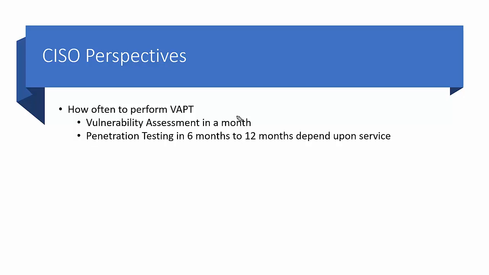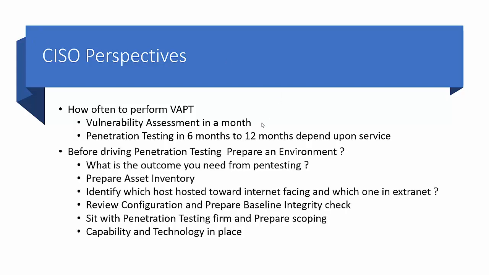If you think that is not needed, because it is a cost and it impacts operations, then you can do vulnerability assessment every 3 months and PT once a year, or subject to the business requirement. How often you do VAPT depends completely on the nature of the business, the need of the business, and the goal of testing.